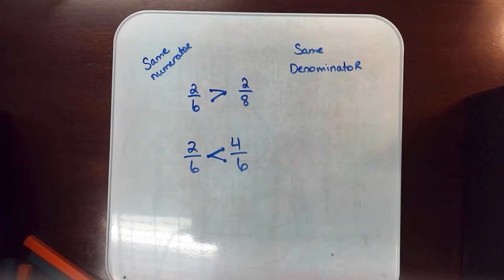Okay? So that's how we want kids to reason about fractions and their size, right? We want them to think about all the manipulatives you've used, think about the pictorial models you use, and reason about the sizes of the fraction, okay, without thinking of any other tricks or anything like that, all right? So that is comparing fractions.